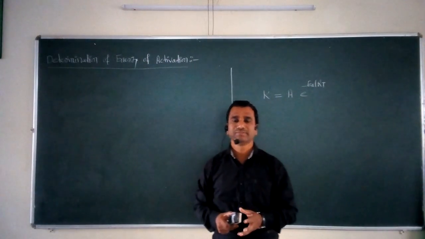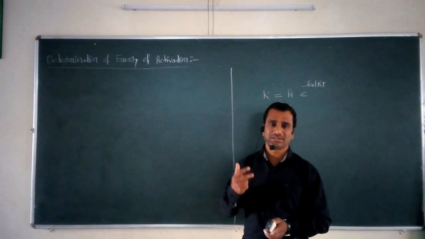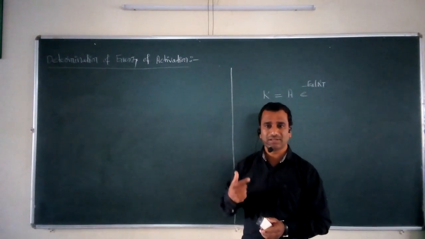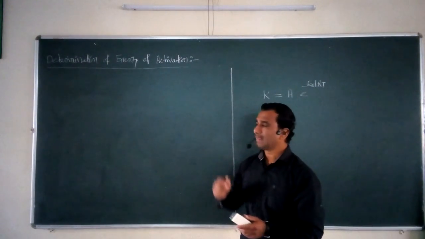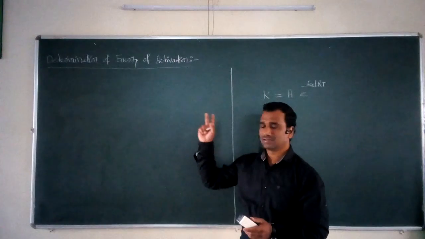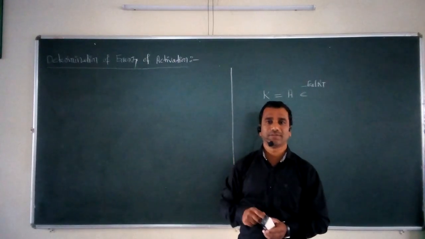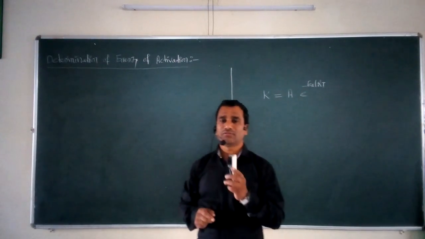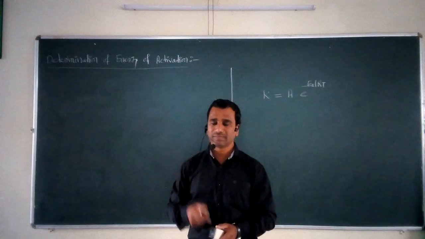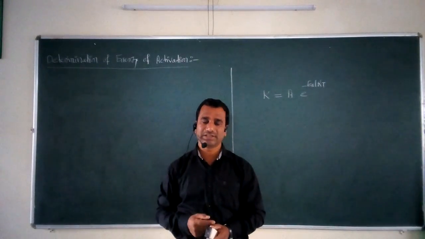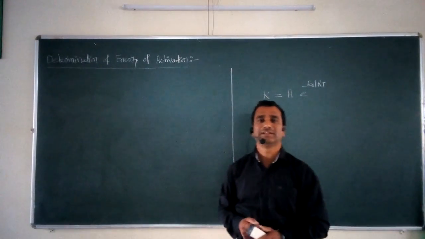For this purpose some simple methods are there, and we are going to take two different methods for determining the energy of activation. The first method is called the graphical method, and the second method is called the analytical method.